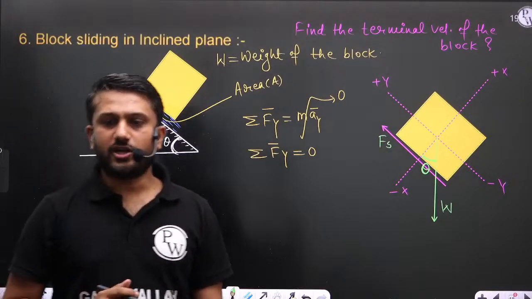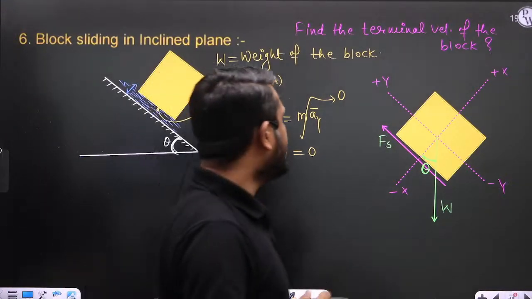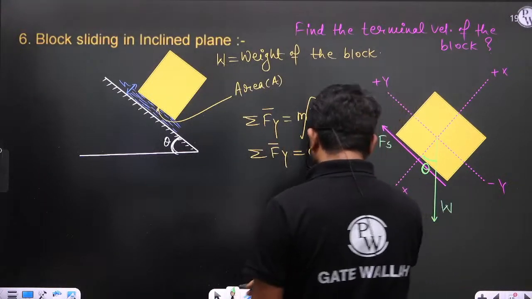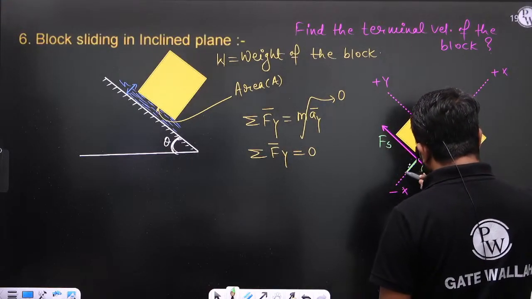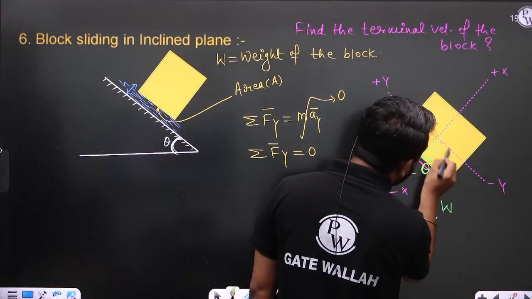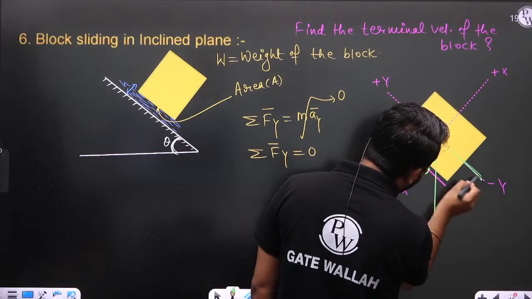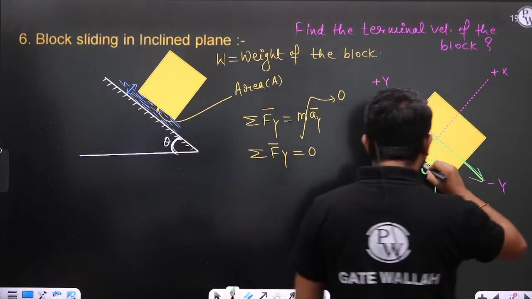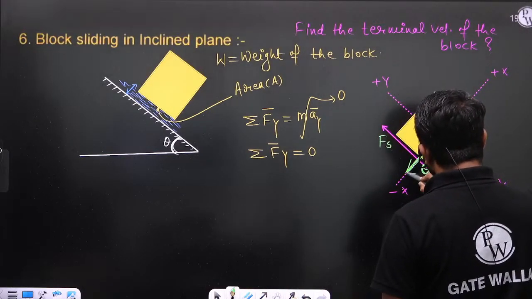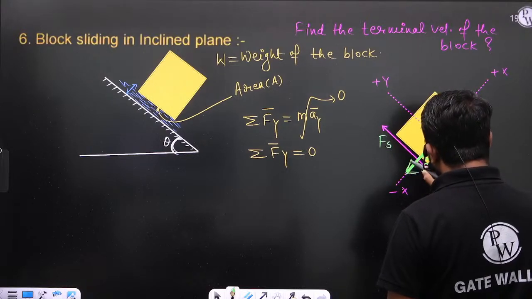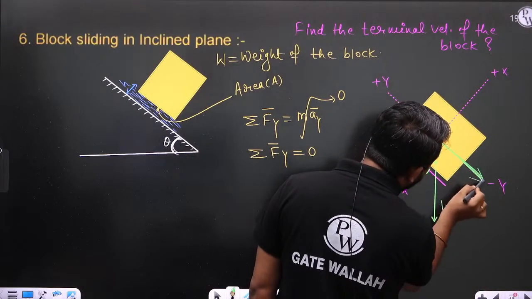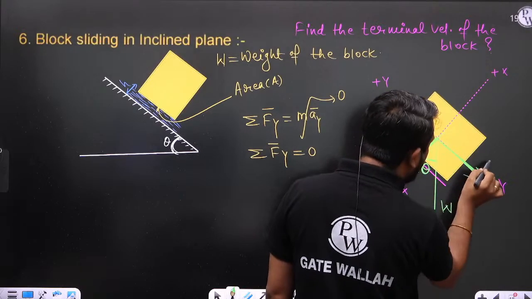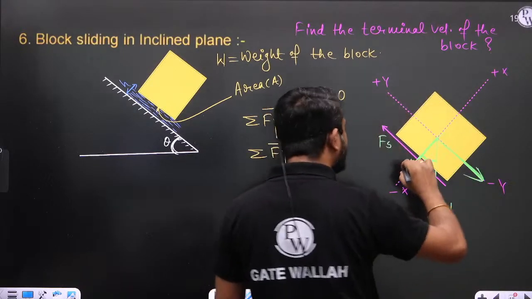So if you resolve W into two components, this is one component of W which is normal to the plane, and this is the other component of W which is parallel to the plane.